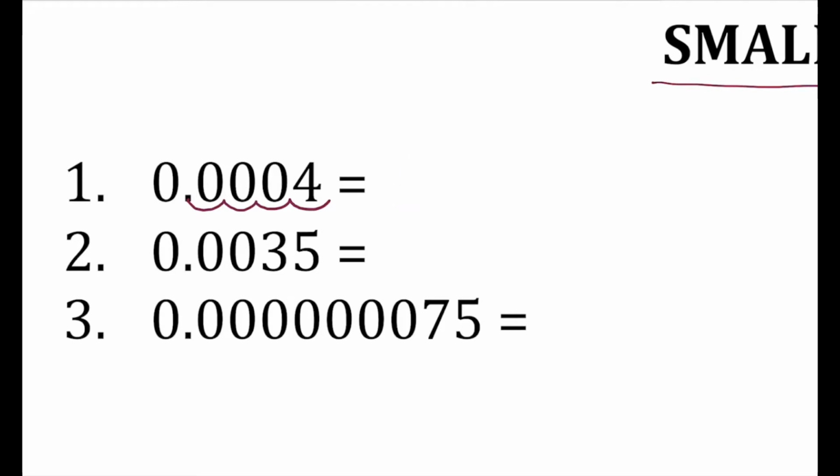Scientific notation can also be just the number 4 times, and I moved my decimal point 4 times to the right. So I made my number 10,000 times greater. Then my scientific notation will look like this: 4 times 10 to the negative 4.